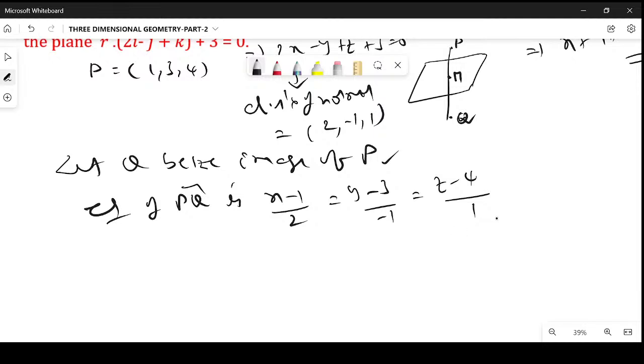Because I have written PQ bar, I want to find a general point on it. Let it be some k.